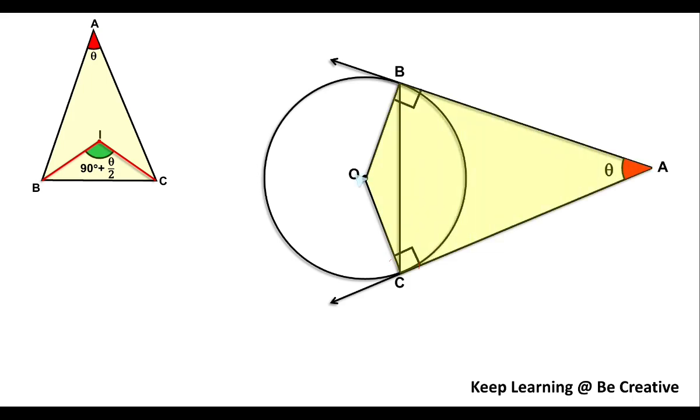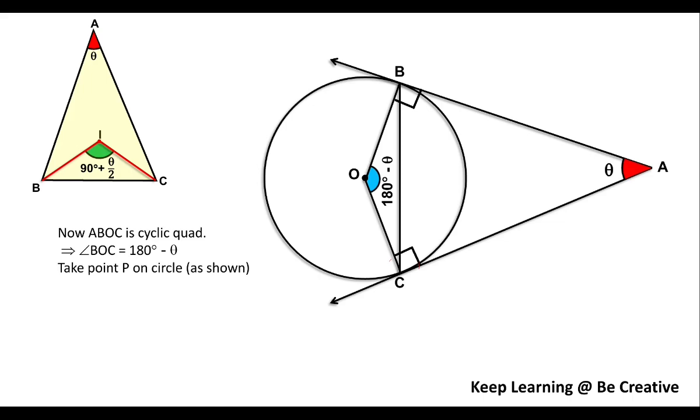That means that ABOC is a cyclic quadrilateral, as the sum of the opposite angles is 180 degrees. So we can mark angle BOC as 180 degrees minus theta. Now we will take a point P on the circle like this.